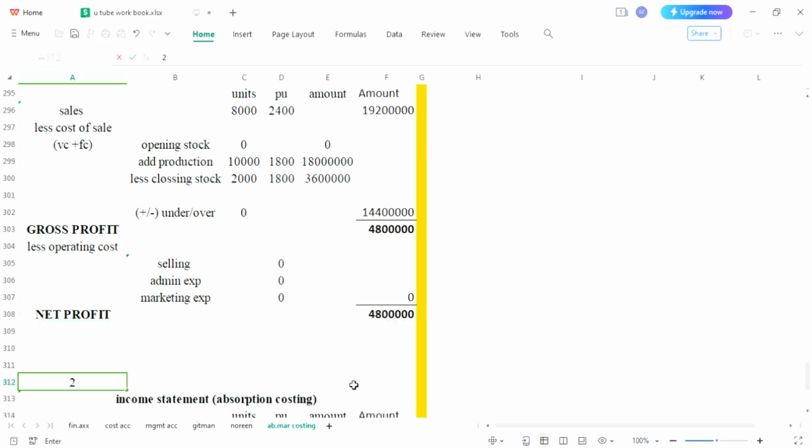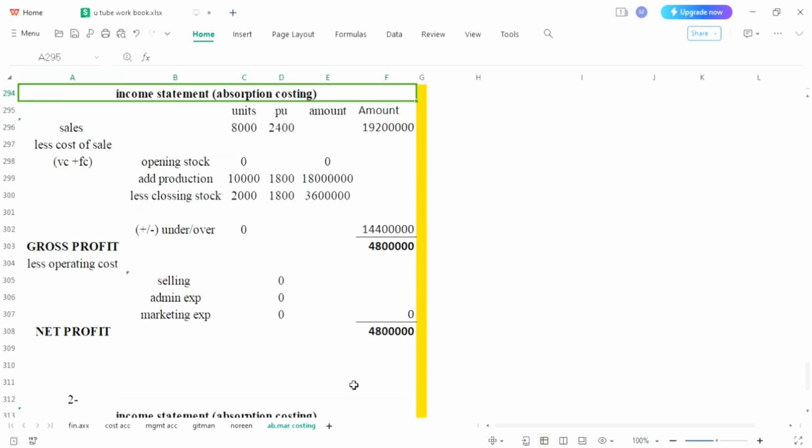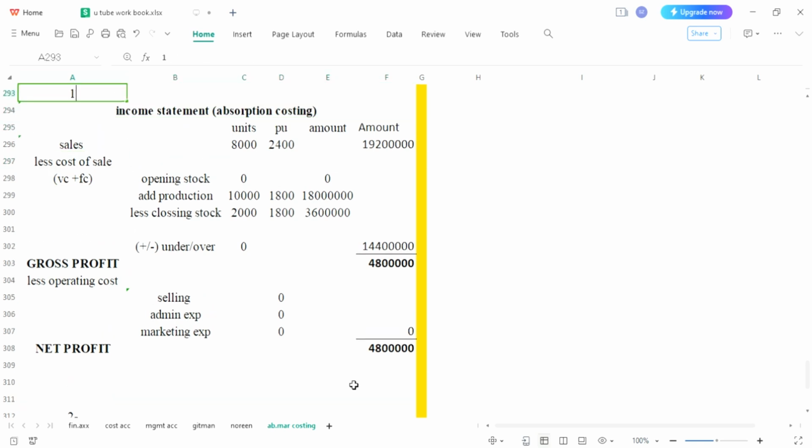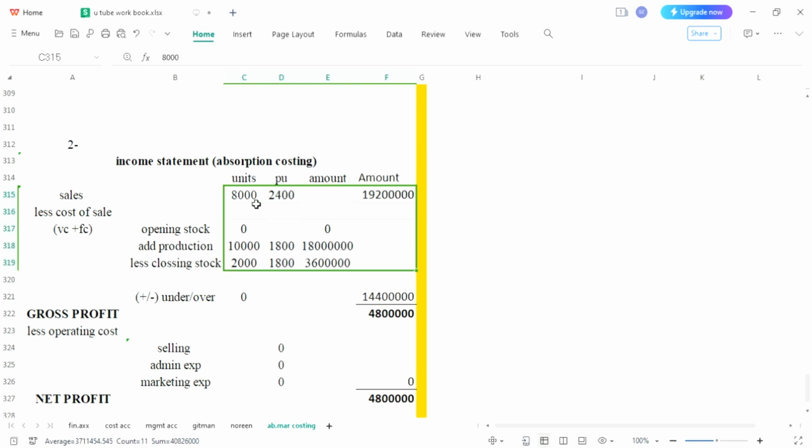This is for second period, and what we have done over here was for first period. The only thing which I do not need is calculation, so I will remove these calculations over here.